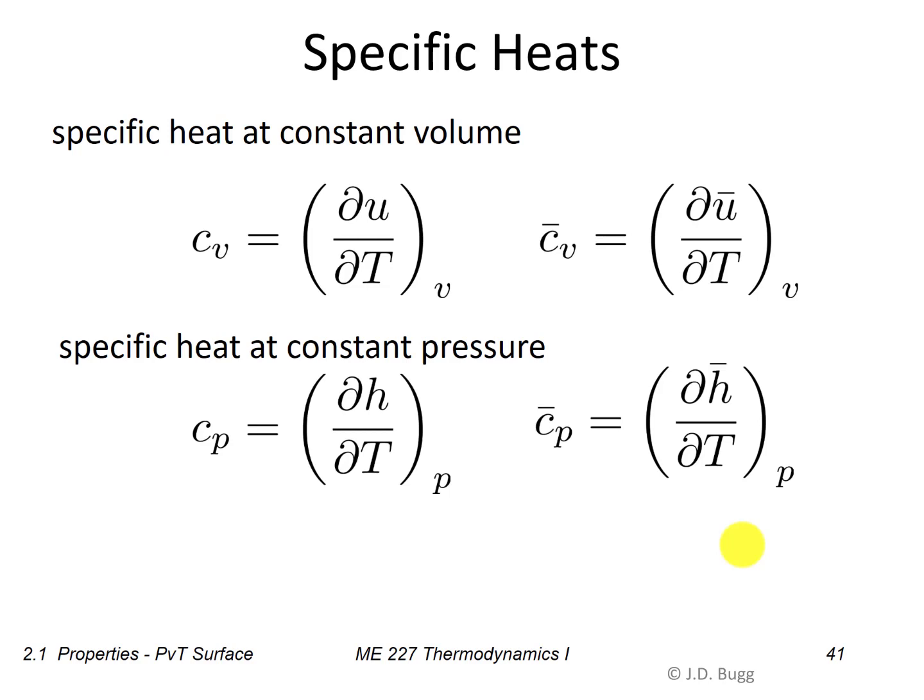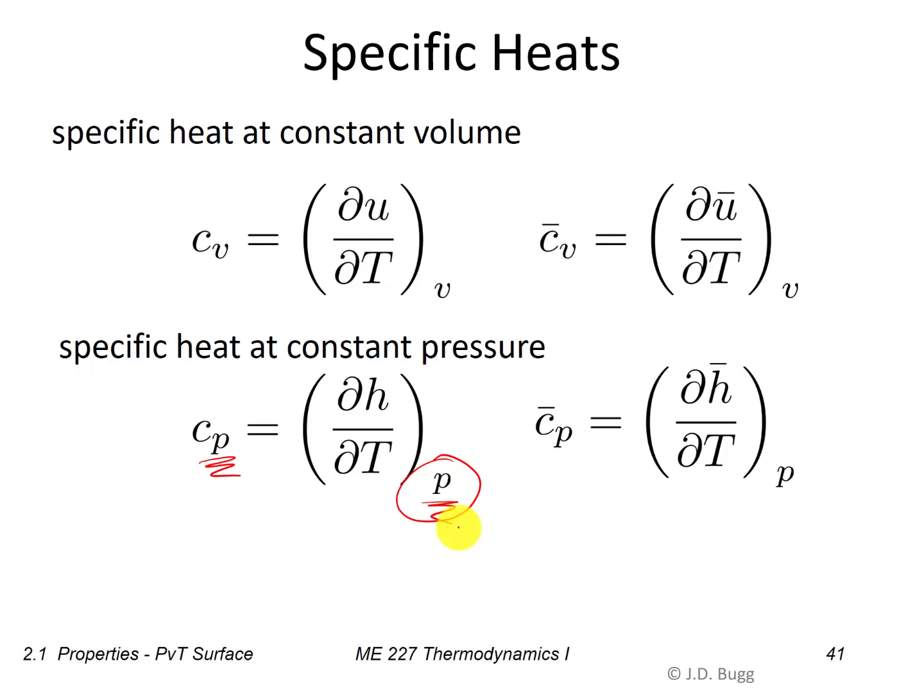The other version of specific heat, or the other specific heat that we often make use of, is the specific heat at constant pressure. So that's called CP. And it is defined as partial H, partial T. So the rate of change of enthalpy with respect to temperature at constant pressure. So again, the subscript P is on both sides of this equation as a reminder.